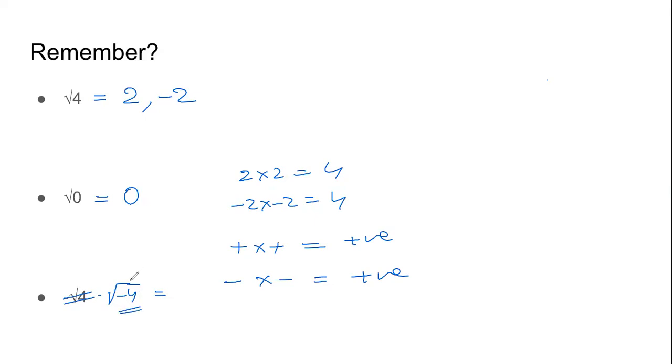So square root of negative number, we studied in class 9. They are not real. They are also called as imaginary. You will study about these numbers later if you take up maths in college.